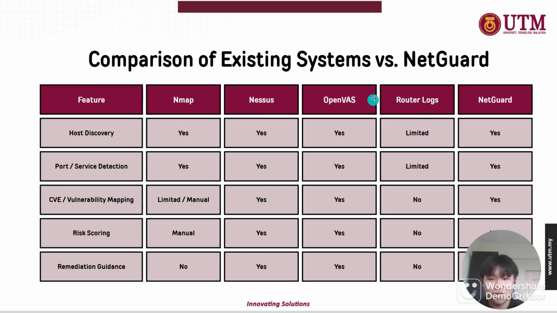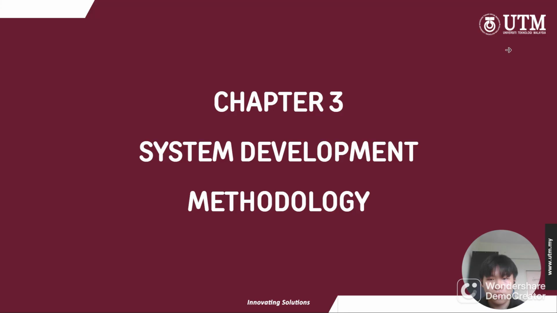Router logs can also provide some monitoring information, but they are limited because they do not really perform vulnerability mapping or risk scoring. Our system is designed to combine the important functions into one lightweight system. It will include host discovery, service detection, vulnerability mapping, risk scoring, and plain language remediation guidance.